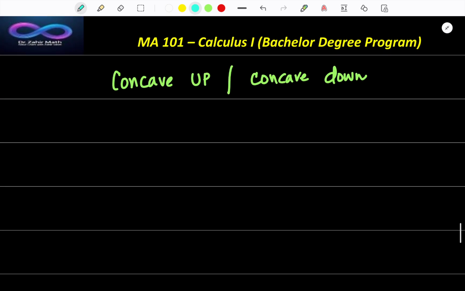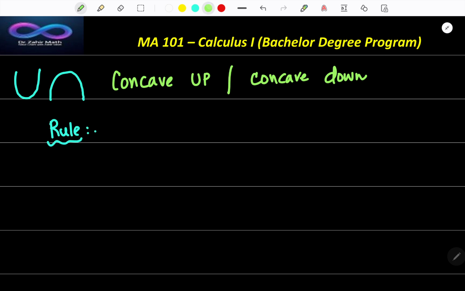Concave up and concave down. Listen, for increasing and decreasing, there is a connection between maxima and minima, but for concave up and concave down, there is no connection. This is concave up and this is concave down. This completely depends on the second order derivative, that means f double dash of x. Now I will give you the rule first.